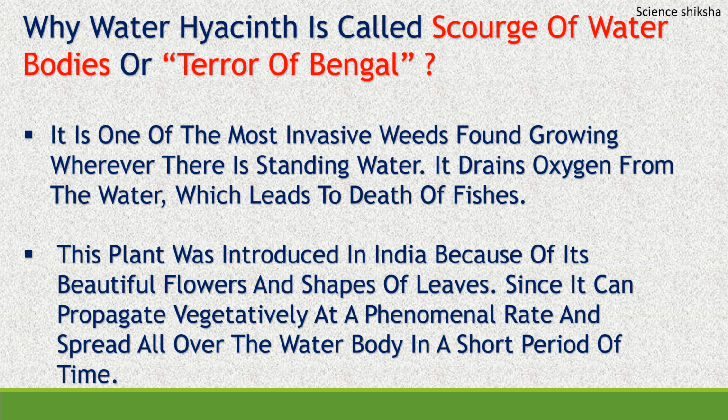This plant was introduced in India because of its beautiful flowers and shapes of leaves. Since it can propagate vegetatively at a phenomenal rate and spread all over the water body in a short period of time, that's why it is called the scourge of water bodies or terror of Bengal.